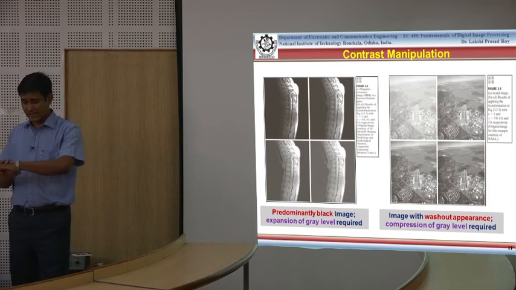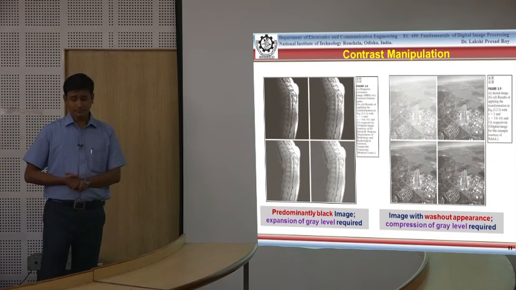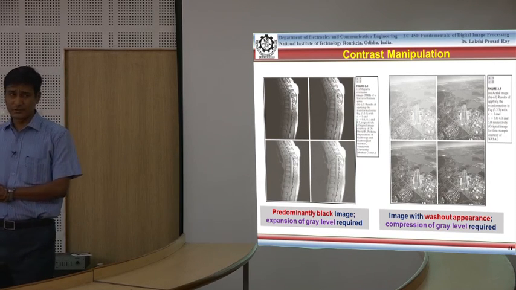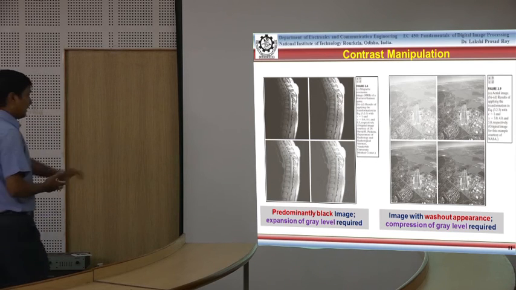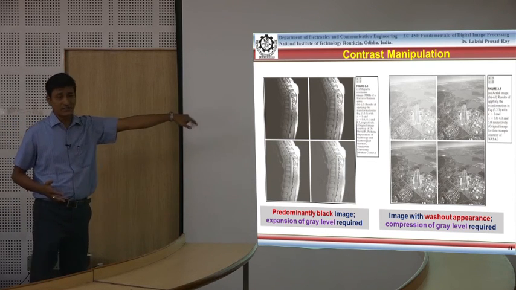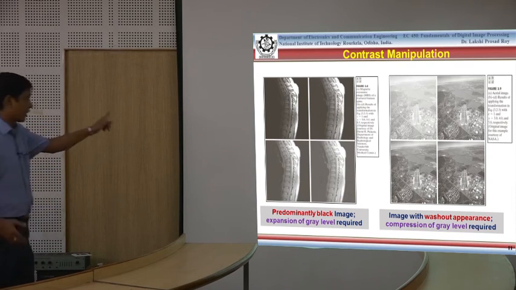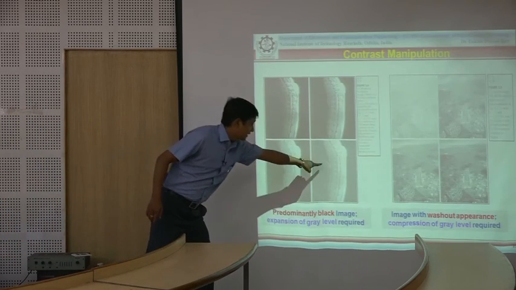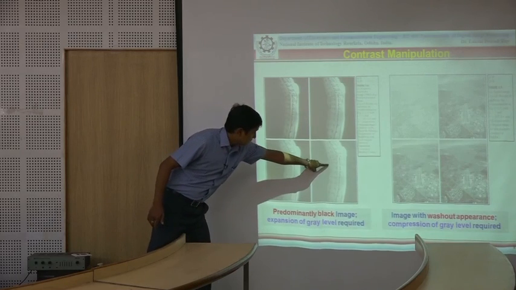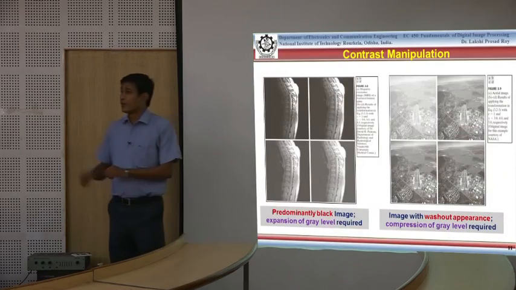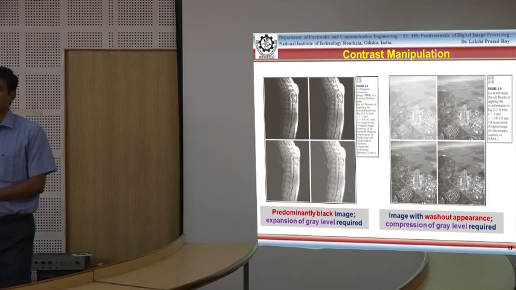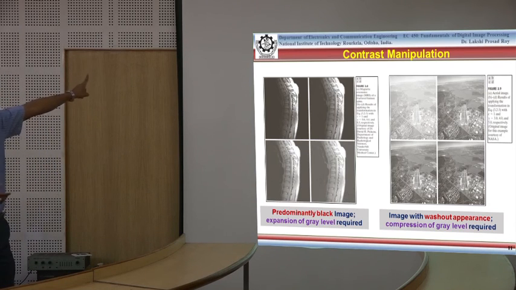Few more examples I can give for this power law transformation, where this first block of 4 images here, if you see this image left top corner, this one and this one, if you compare there, in this part you will get some whitish part which was not at all visible in the actual image.